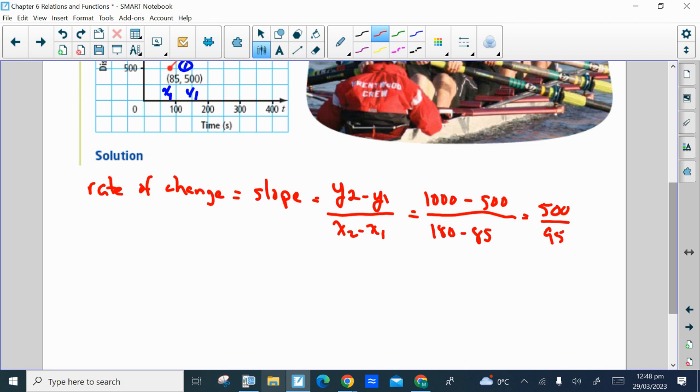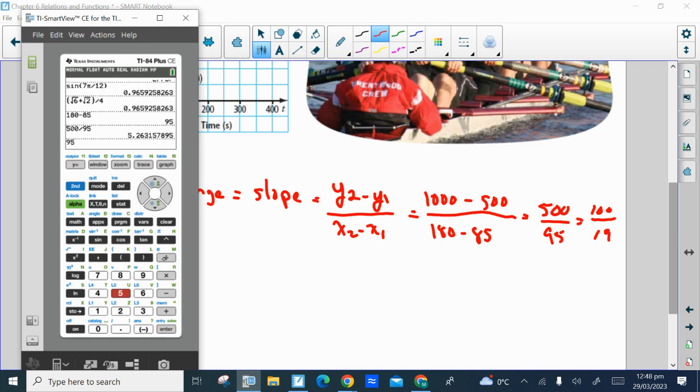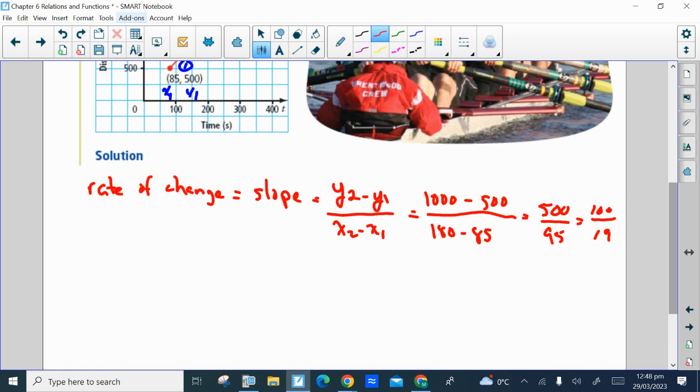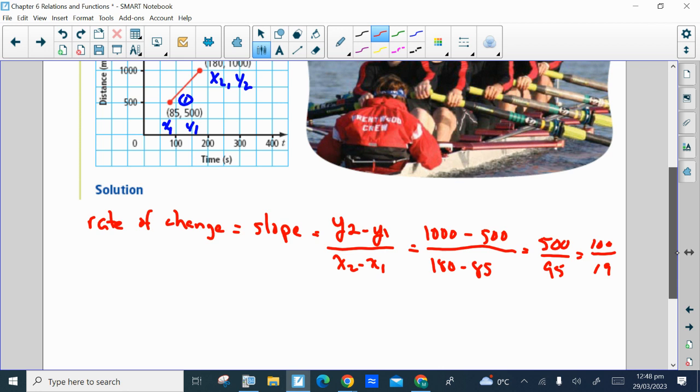I think you can divide top and bottom by 5, which will be 100 over 19. 95 divided by 5, yeah, 19. So that's the slope of that line segment.